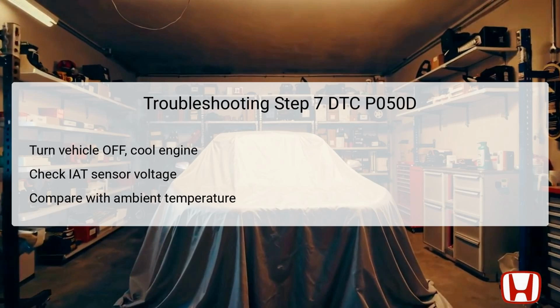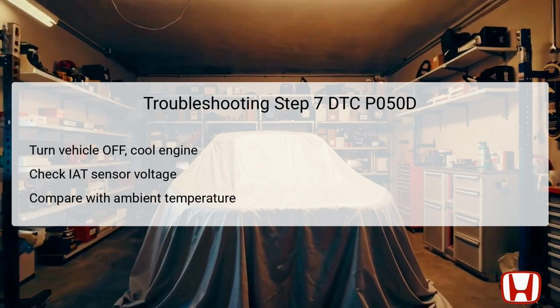Utilize the Honda diagnostic system to quickly check the IAT sensor's voltage reading. It's essential to compare this value to the recorded ambient temperature. Should the IAT sensor reading deviate by 5.4 degrees Fahrenheit, 3 degrees Celsius, or more, there is an indication of sensor malfunction, necessitating a replacement of the MAF or IAT sensor.